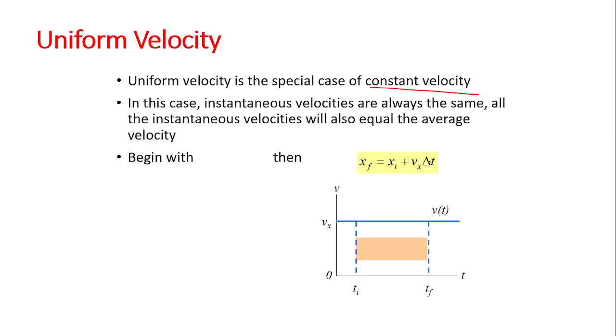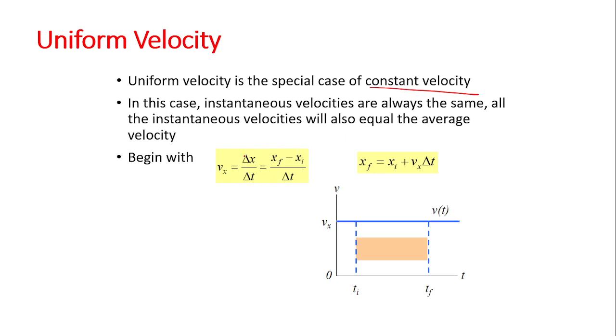In short, we are looking for the area here. So the area there can just be the same as the distance covered. I'll explain more on this when we do the calculations.